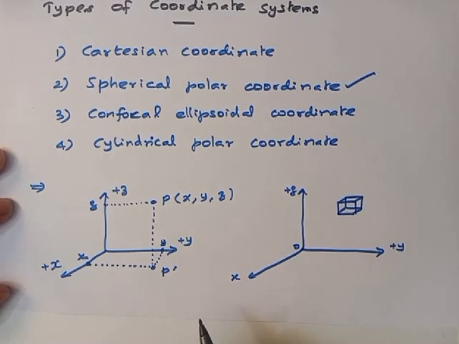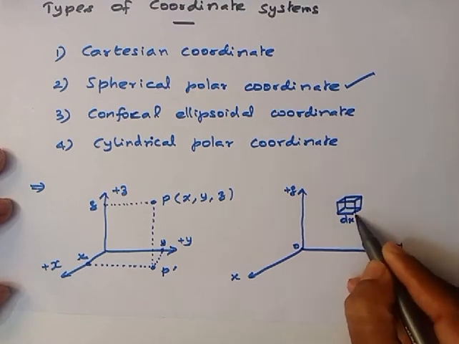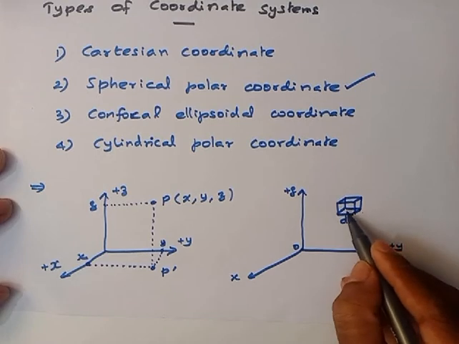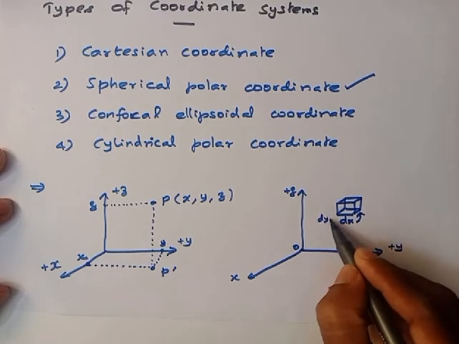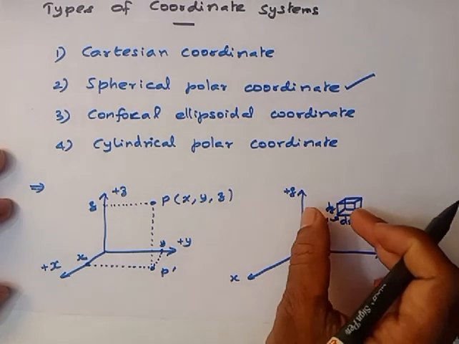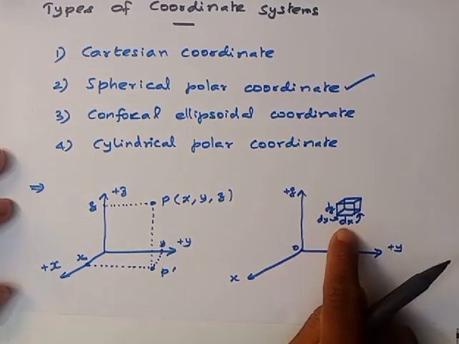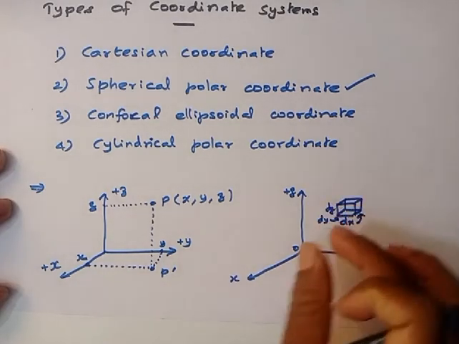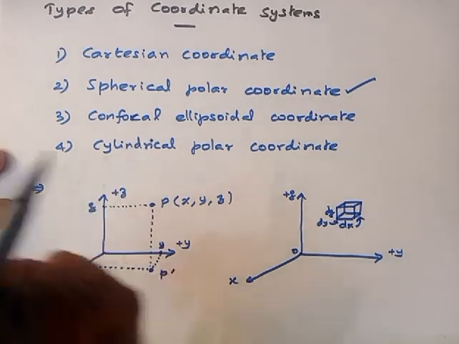This volume element has some x length, let it be dx, some y length, let it be dy, and the height is dz. So the side lengths of this small cube are dx, dy, and dz: dx is the length along the x-axis, dy along the y-axis, and dz along the z-axis.